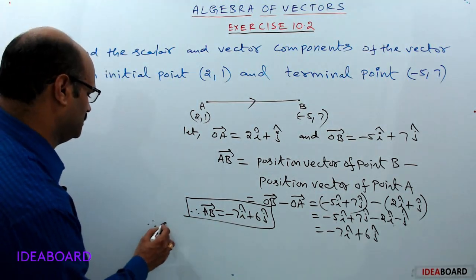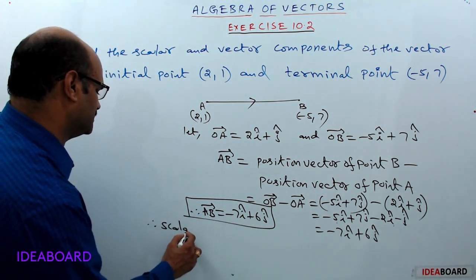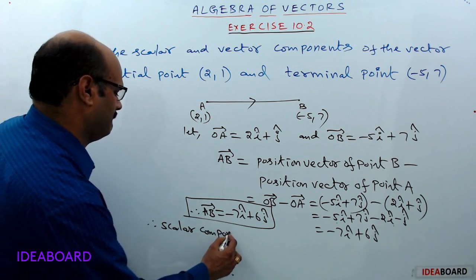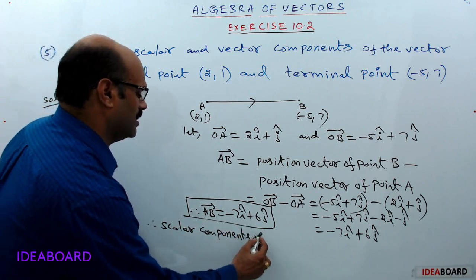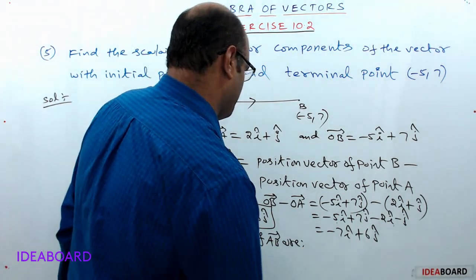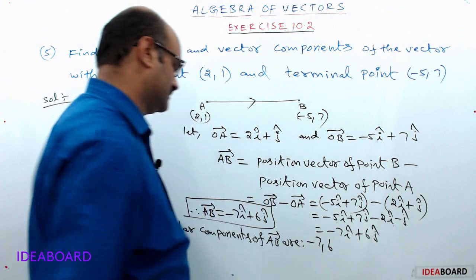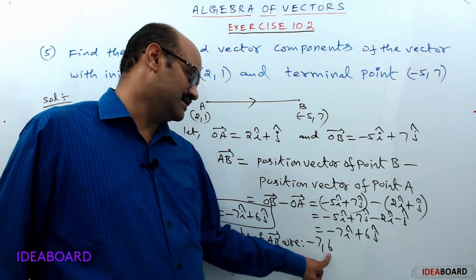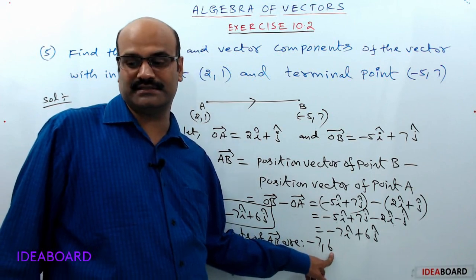Therefore, scalar components of AB vector are -7, 6. -7 is on x-axis and 6 is on y-axis.